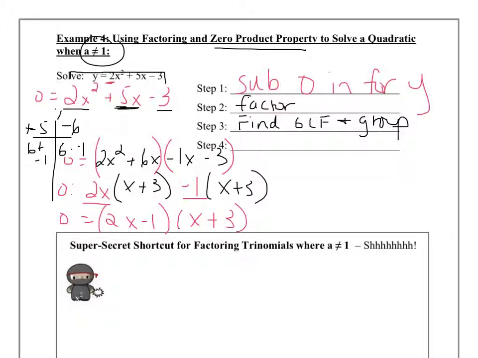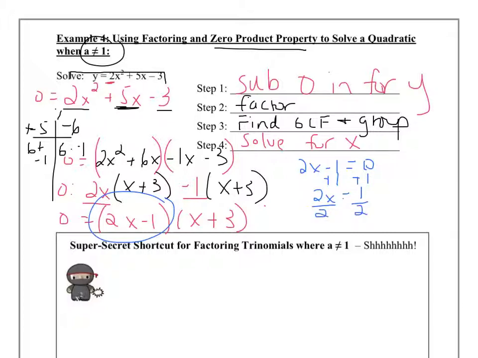Now we have everything factored, and the last step is I need to solve for x. The first one, 2x minus 1, is going to be equal to 0. Then add 1 to both sides. 2x is equal to 1.